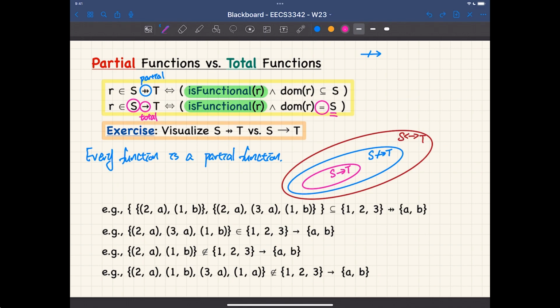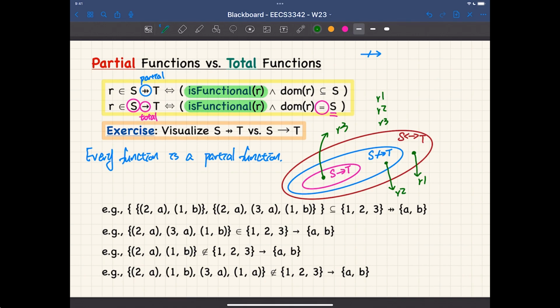Maybe, let's say, I might just give you R1, R2, R3. They're just relations. R1 could be a member in here. R2 could be a member over here. R3 could be a member here. And you ought to know exactly what the difference is.